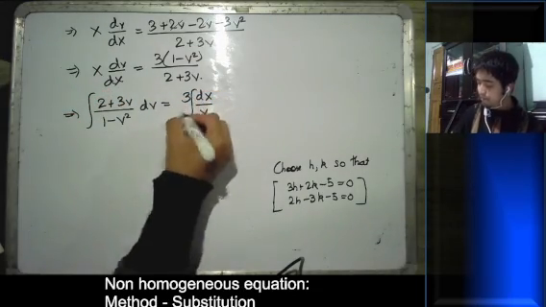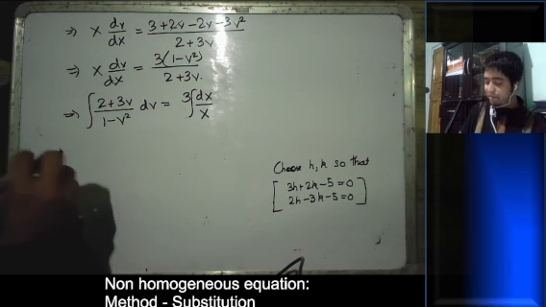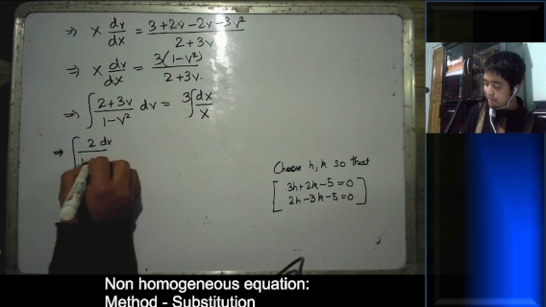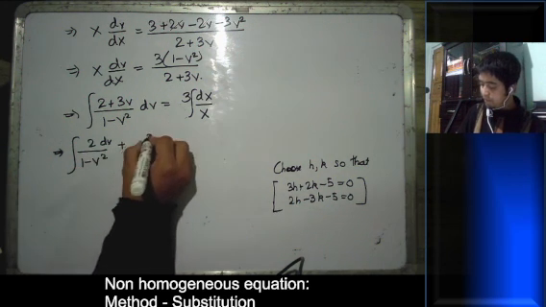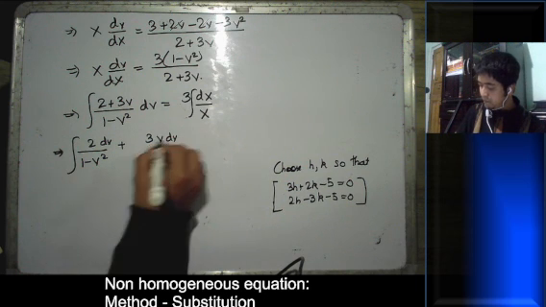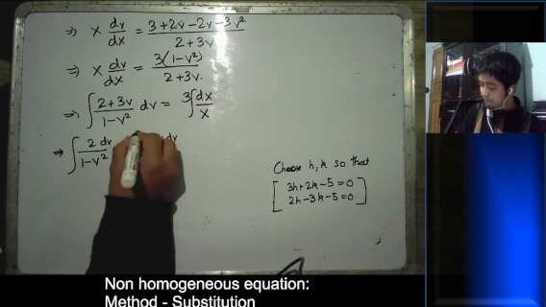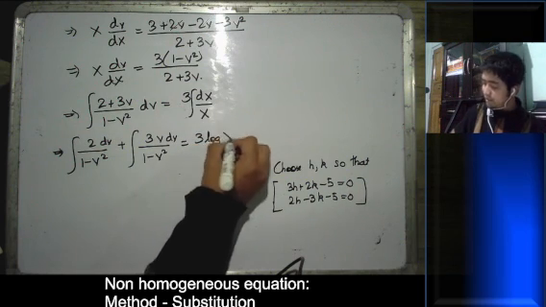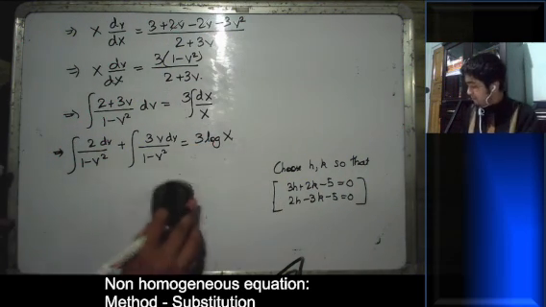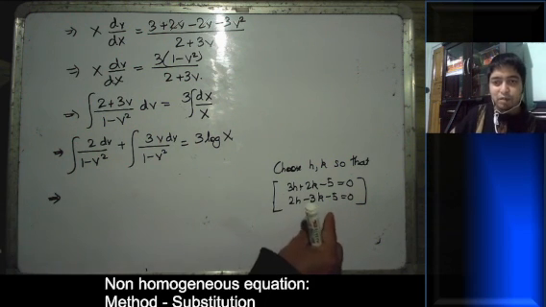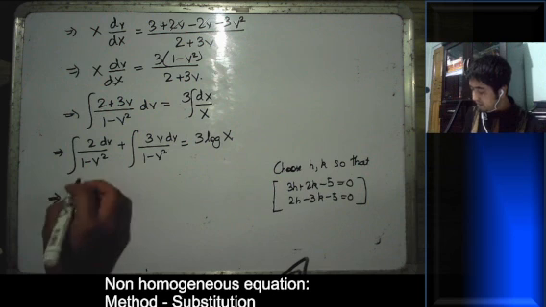Integrate them. How will we integrate this one? It's actually very easy. Let us just separate them. You will be having this. Integration of this one, we can easily write it down as 3 log X. Okay, this part is very important, so that's why I'm not erasing it.